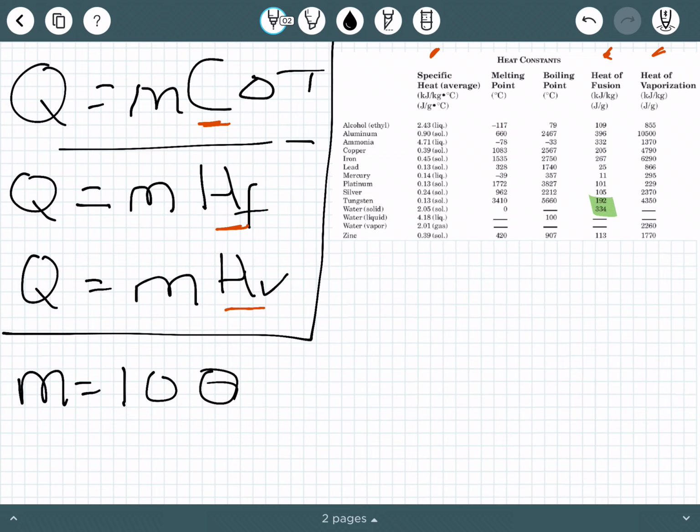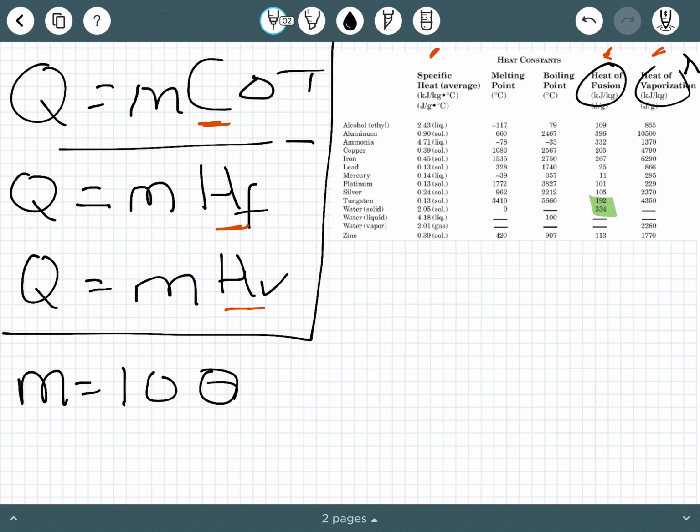What would I do? Think about it. That's a phase change. Since I'm going to vaporize it, will I use Hf or will I use Hv? Since I'm vaporizing it, I'm going to use Hv.